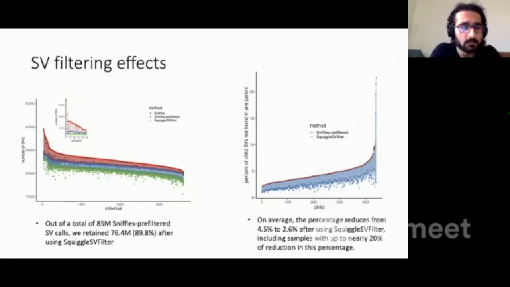But again, in perhaps the vast majority of the data where the quality is already fine, the level of filtering is less. And with the most recent data that we've worked on, out of the total 85 million Sniffles pre-filter, so the blue ones, SV calls, we retained about 90% of them. So here in numbers, about 10 million SVs have been filtered away.